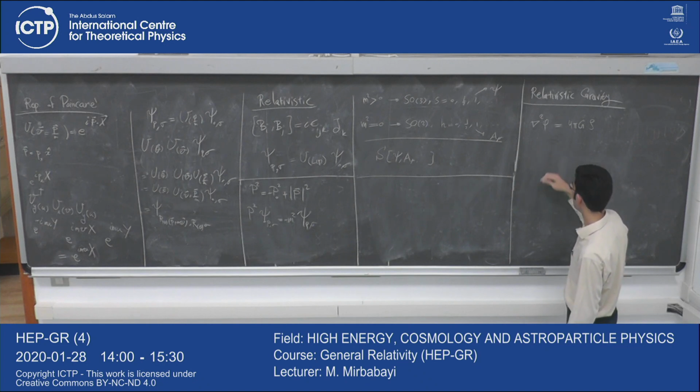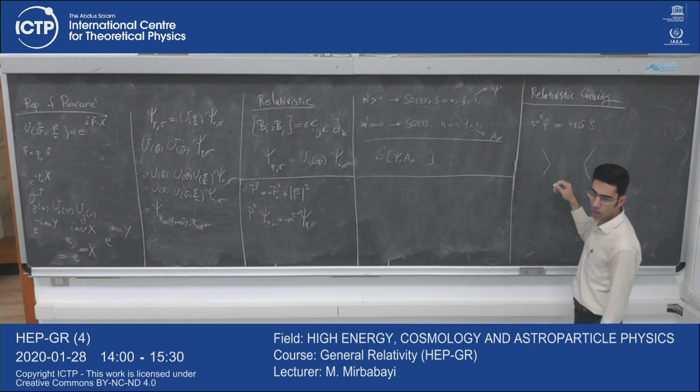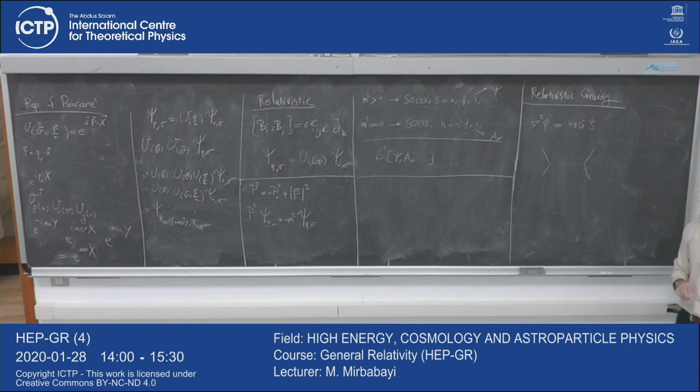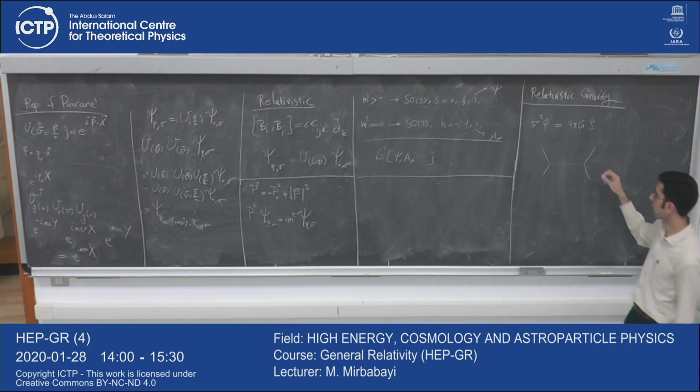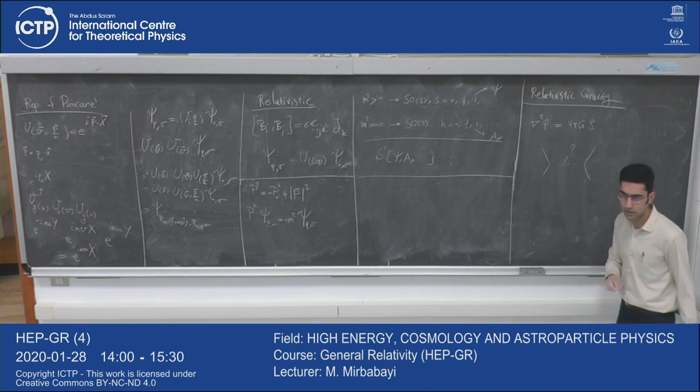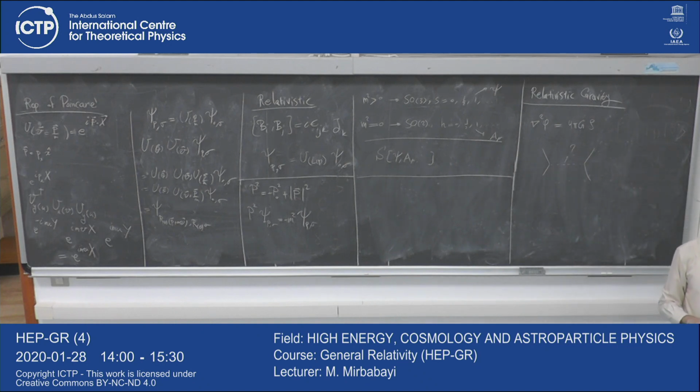So if gravity is causing a force between two massive objects or massive particles, that should be because of the exchange of some degrees of freedom in between them. And the whole question is what is that degree of freedom that is responsible for the gravitational force.